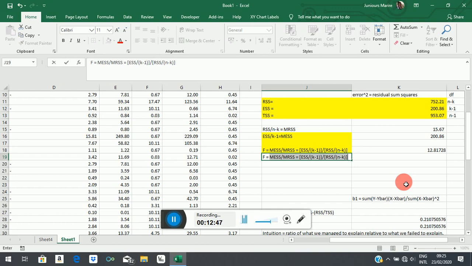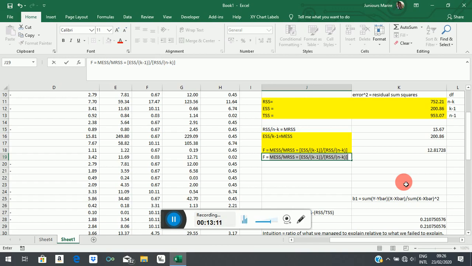The R squared is actually involved in all this. Remember that your R squared is given by ESS over TSS, or 1 minus RSS over TSS. The fact that the numerator and the denominator contain ESS and RSS implies that we can easily arrive at the F using the R squared.